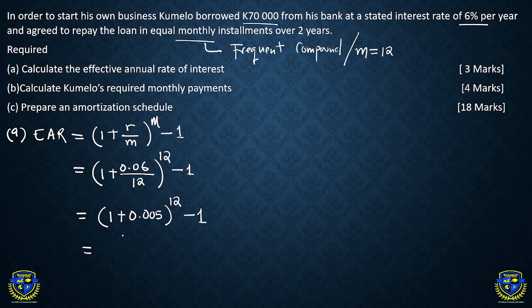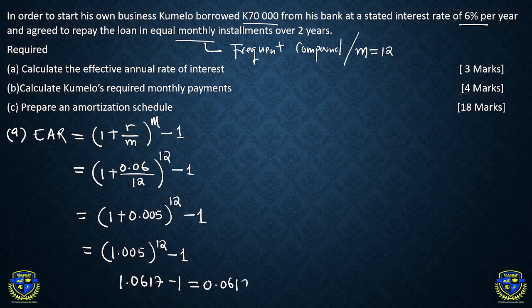So we continue. 1 plus 0.005 is 1.005, to the power 12, then minus 1. Therefore 1.005 to the power 12 should give us something like 1.0671, minus 1, which is equal to 0.0617.